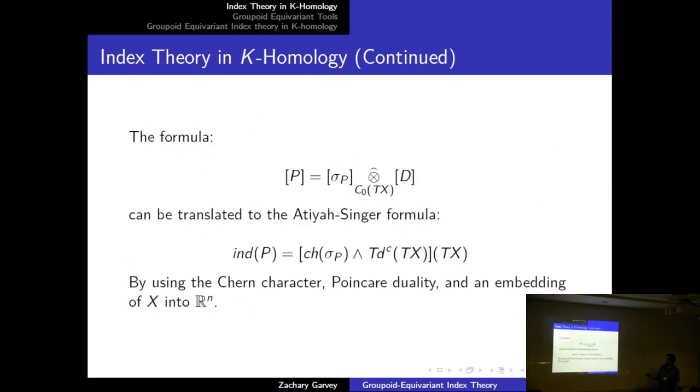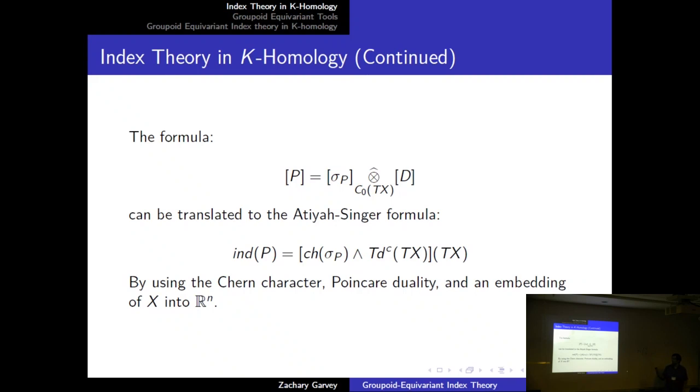So I put this next to the Atiyah-Singer index formula so you can kind of compare. You can actually get the original Atiyah-Singer index formula from this one by using Chern characters, really clever arguments in Poincaré duality, and embeddings.